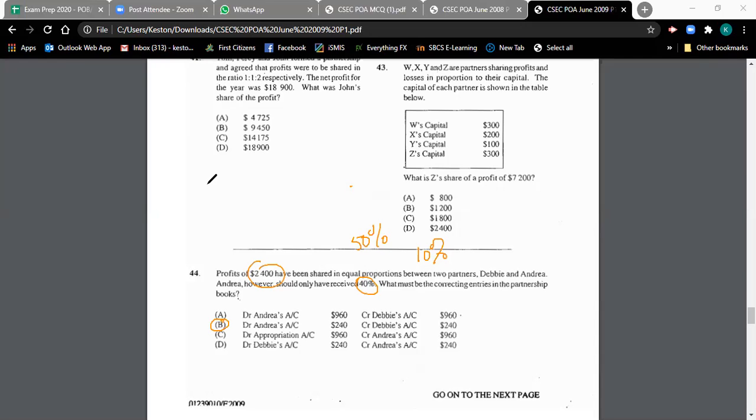Now when I pay a partner a salary in the partner's current account, I will credit the salary here because they're earning that. Now, what if I made a mistake with the salary and I need to take out 10% of it? Then I just debit it here, and go to the other partner's account, debit, and credit them with the extra 10% they're supposed to get. Make sense? So B is the correct answer there.